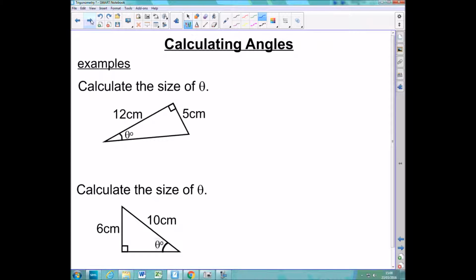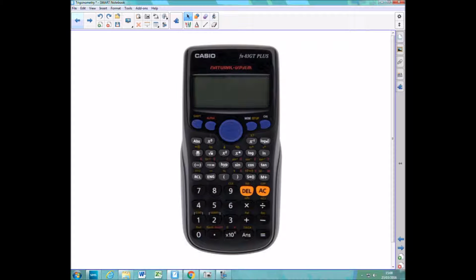Okay, so another question that you could be given is not to calculate a side, but to calculate an angle. Now, this is pretty similar to the questions we've just been doing, with a slight change. Before we look at calculating angles, I'm just going to bring you back to this calculator. Here, it's going to be really important to know these functions at the top that I'm trying to highlight.